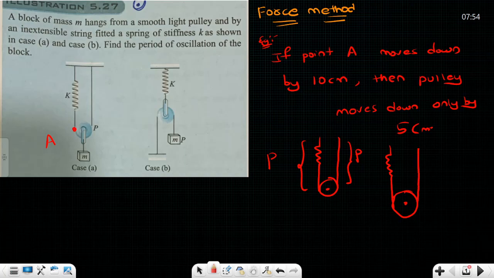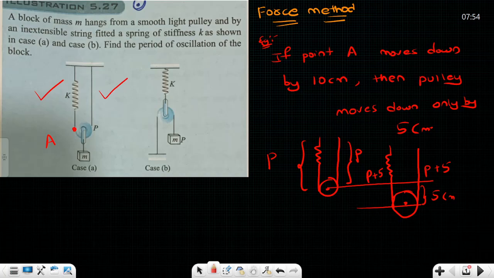On both sides, it will become P plus 5, P plus 5, and the lowering of the pulley will be another 5 centimeters. Why is this distribution of 5 centimeters to the right hand string and the mass happening? Because on both sides you should have equal length. If 10 centimeters increased in the spring, then to make it equal on both sides, 5 centimeters should be given to the right hand string and 5 centimeters to the pulley.